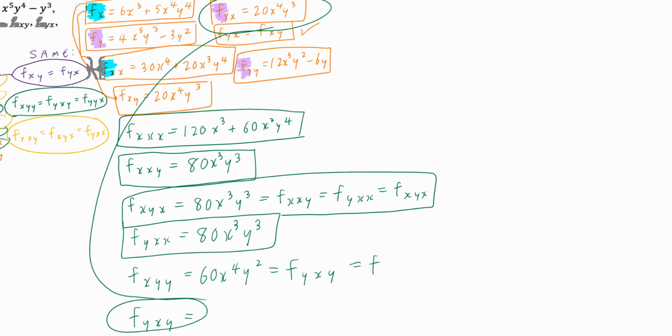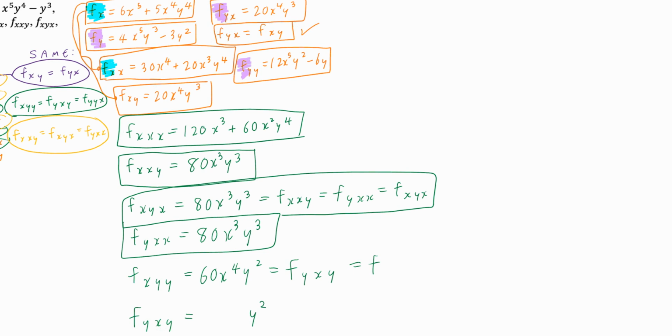That's 20x to the 4 times y to the power of 3. And I'm taking the partial derivative with respect to y. So again, when I differentiate y to the power of 3, that's going to be 3y squared. The 3 multiplied with 20x to the 4 is going to give 60x to the 4.